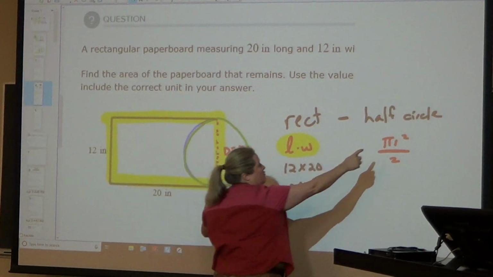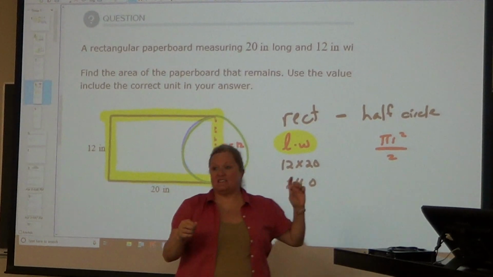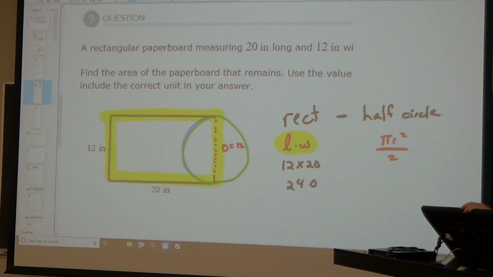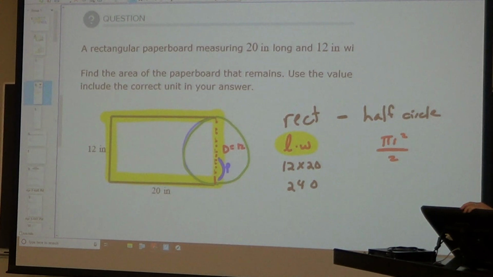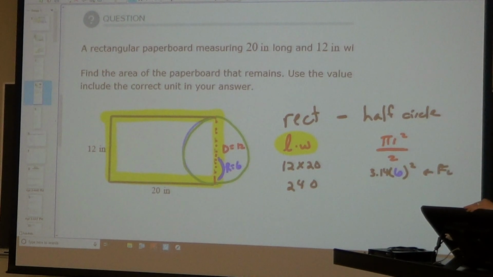But we need the radius. So it'll be 6. So right here, your radius is going to be 6. So it's going to be 3.14 times 6 squared, and that represents a full circle. So we're going to cut it in half to give us a half circle.